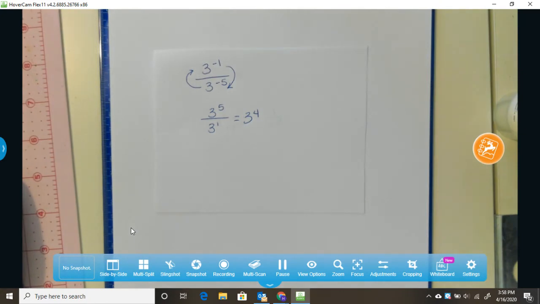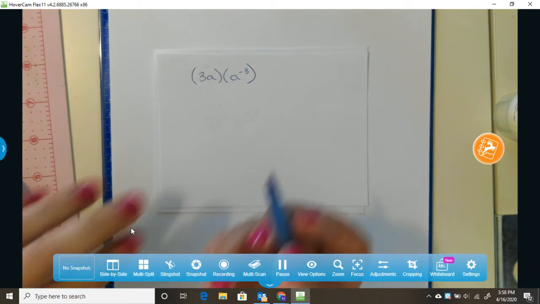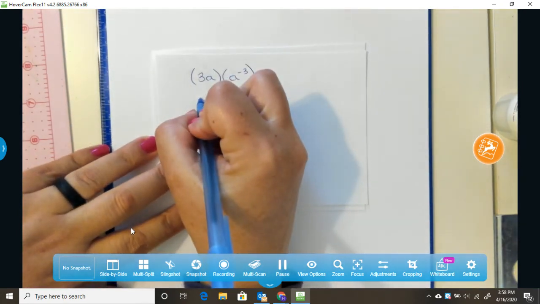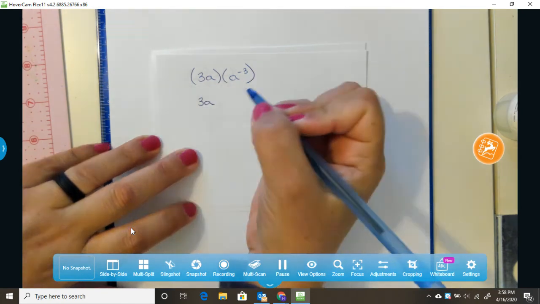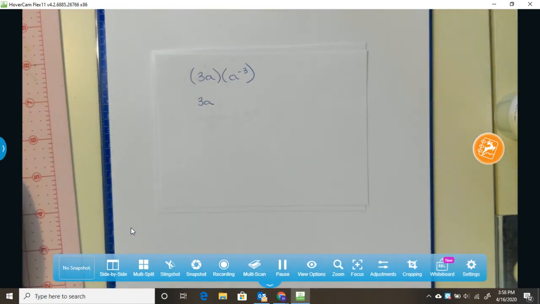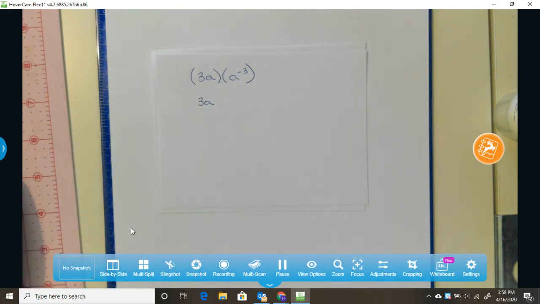Okay. Now, finally, one more example where we have 3a. Nothing changes with that. Okay, there's no exponents. There's nothing I can do with it. So I'm going to leave it there. But a to the negative 3 says I need the reciprocal of that. That means I got to send it down so that it would be 1 over a to the third.